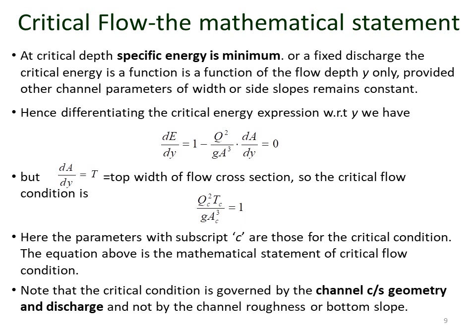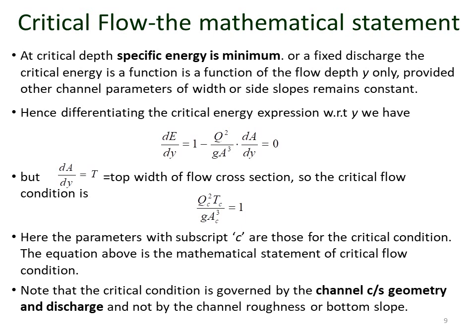So this is the mathematical condition for the critical flow, which is derived considering that the specific energy is minimum for a given discharge. Here, of course, the subscript C represents the critical condition.